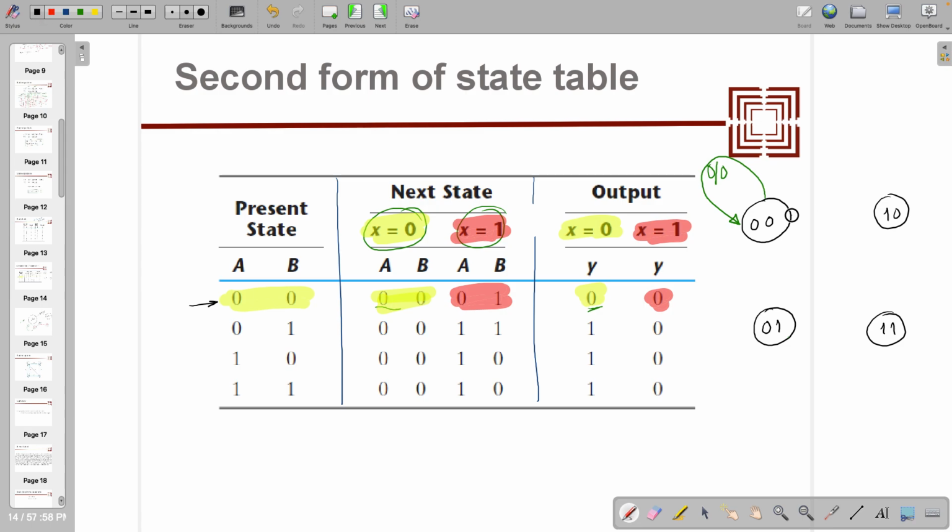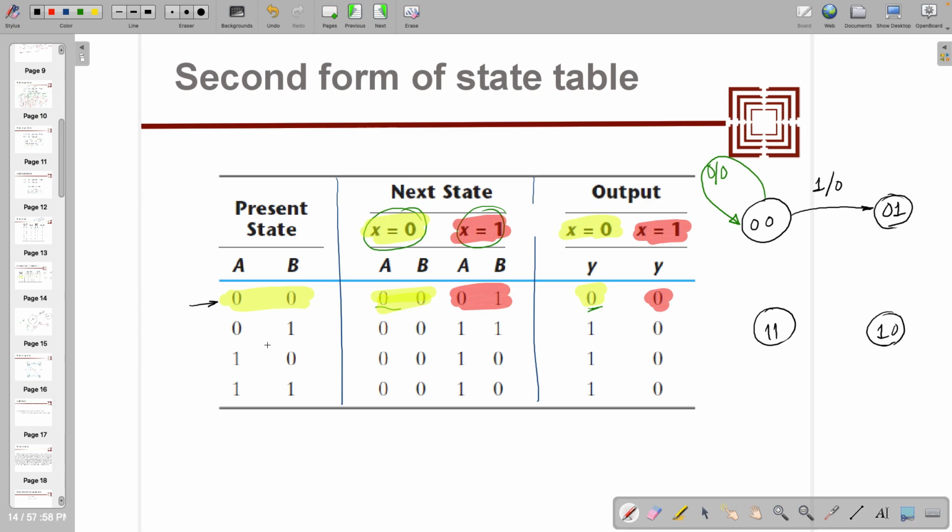So, it will go here with 1 oblique 0. Okay, so 0 1.